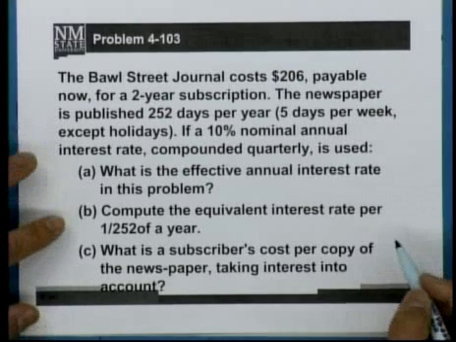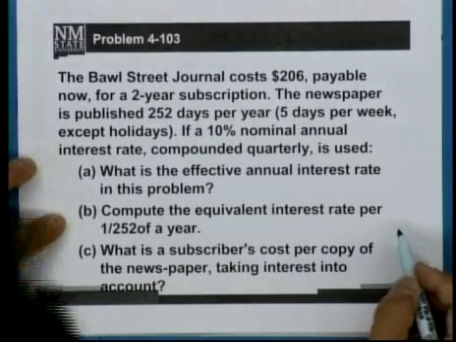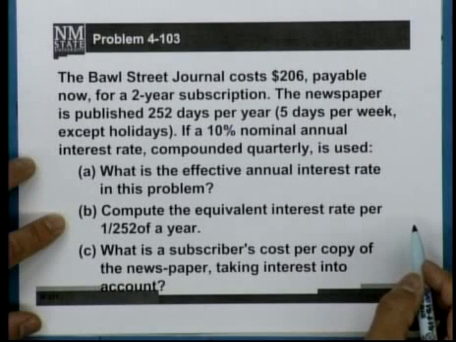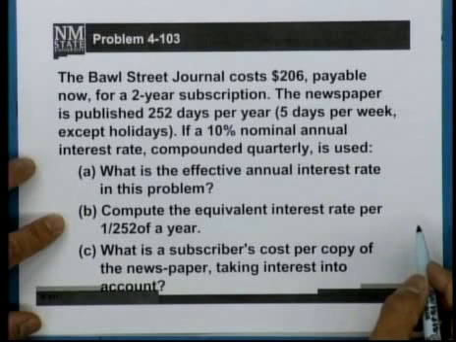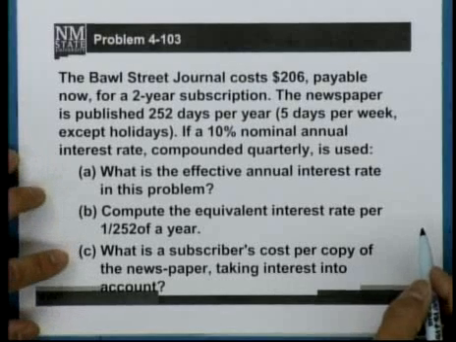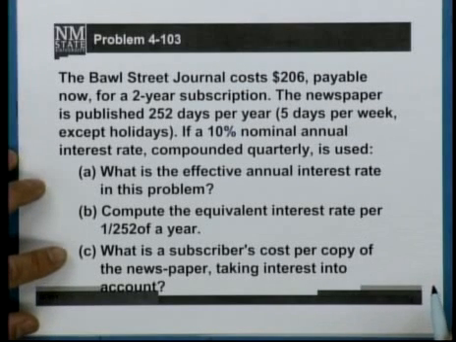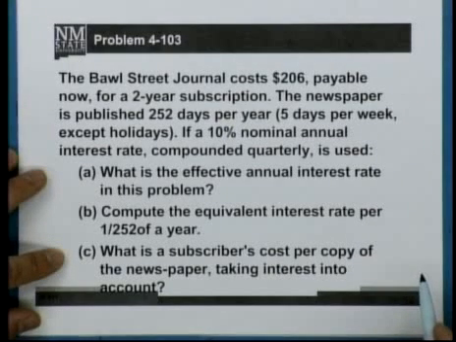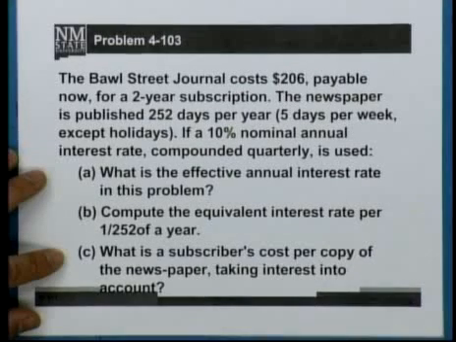And also we need to compute the equivalent interest rate per 1/252 of a year. And also what is the subscribers' cost per copy of the newspaper, taking interest into account. Okay.